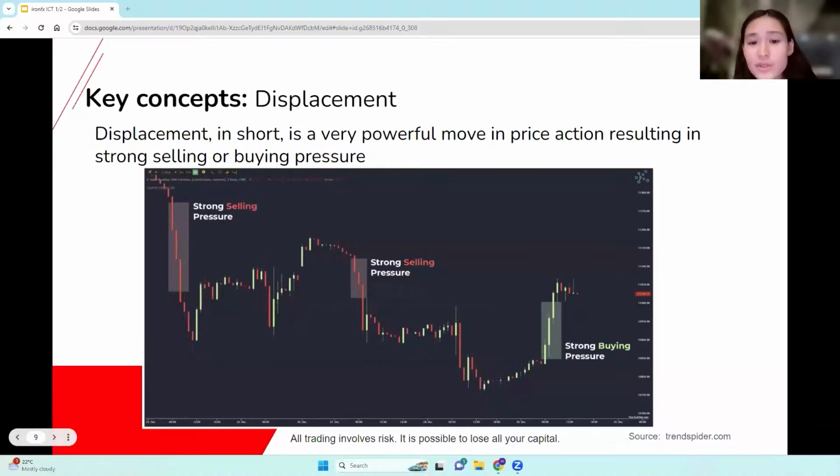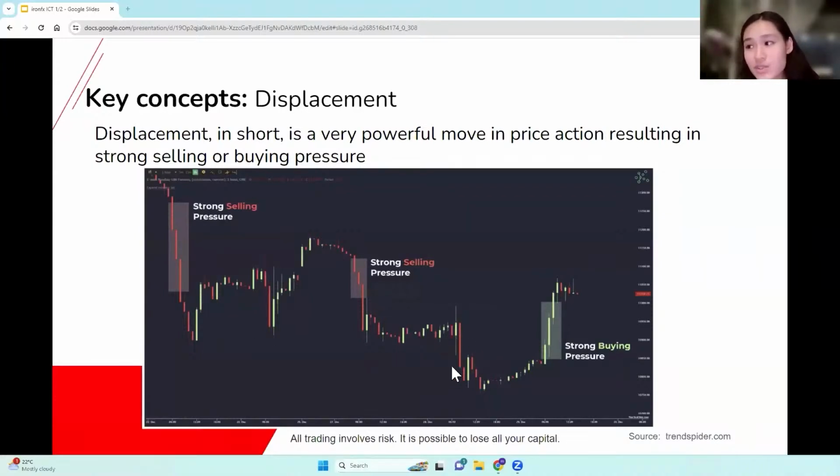A displacement will normally occur just after a liquidity level has been breached and will often result in the creation of both a fair value gap and a market structure shift. We'll get into what those mean in a little bit. But basically, what it means when we say a displacement occurs after a liquidity level has been breached is, if you look at this area here, this is a multiple swing low support level.